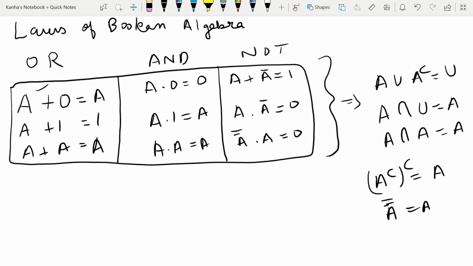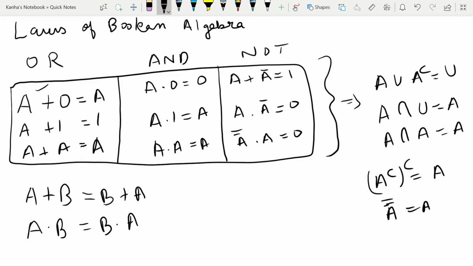The commutative laws hold, which means that A plus B, or A or B, is equal to B or A, and A and B is equal to B and A. Similarly, the basic distributive laws also hold: A and (B plus C) is equal to A and B plus A and C. This plus means OR, the OR gate.